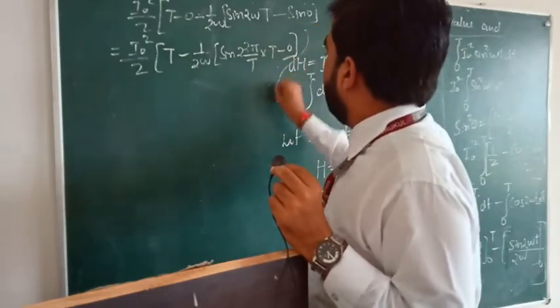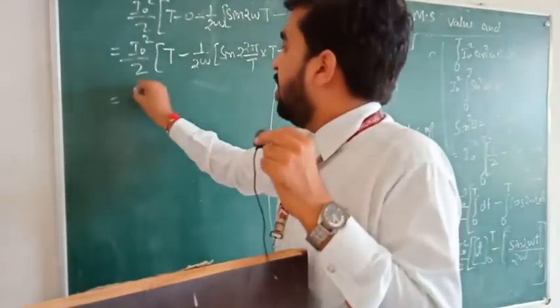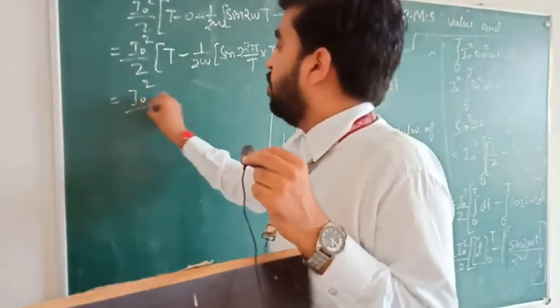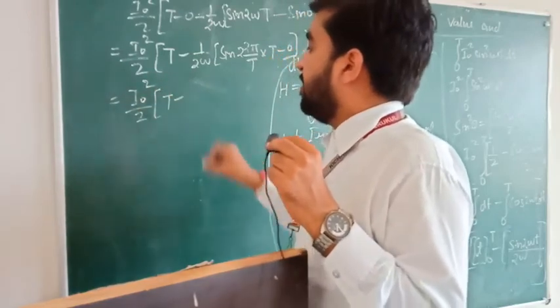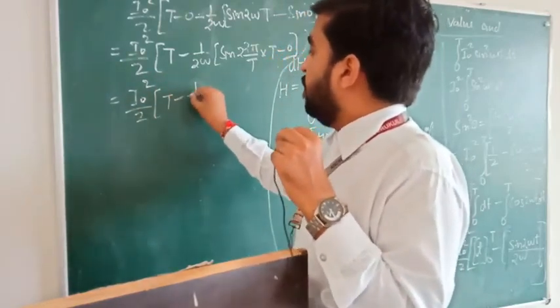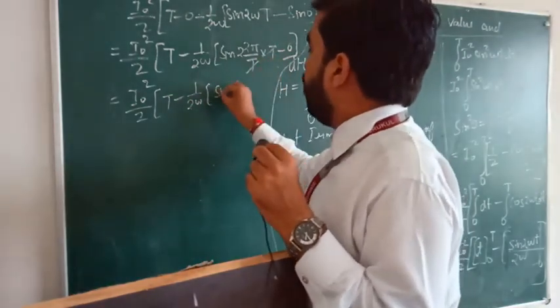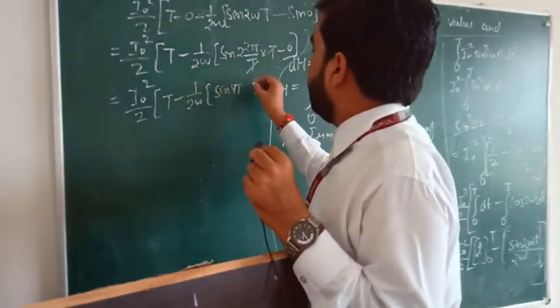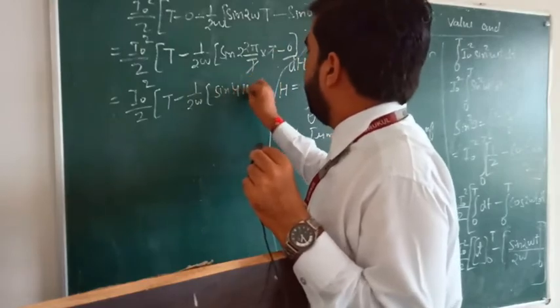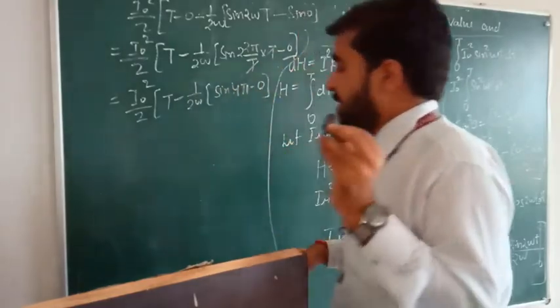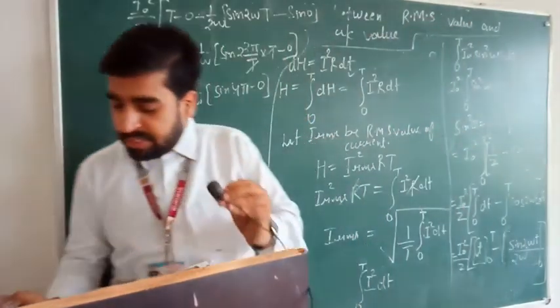Fine. So this will turn out to be I naught square upon 2 t minus 1 upon 2 omega sine. T and t cancel out. Sine 4 pi minus 0. Now what is the value of sine 4 pi?